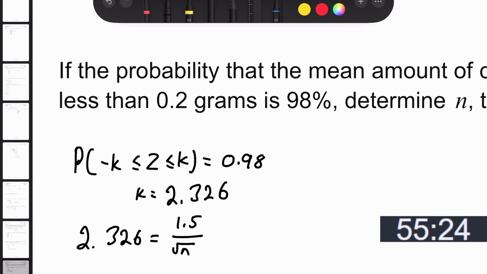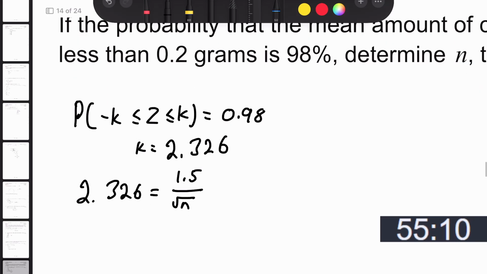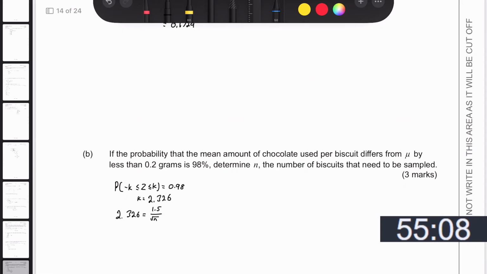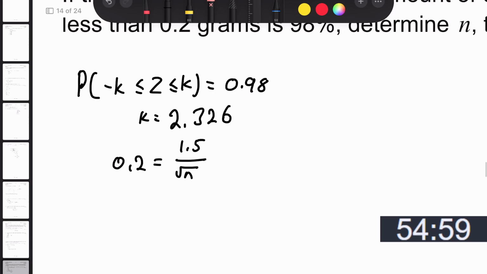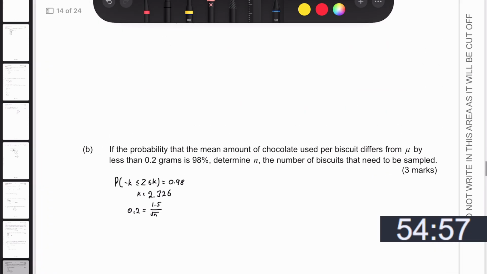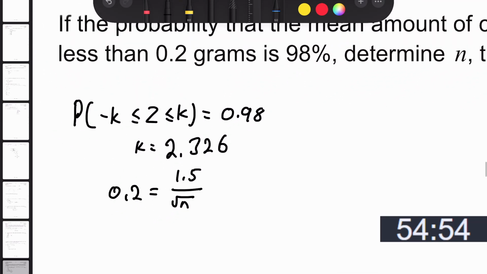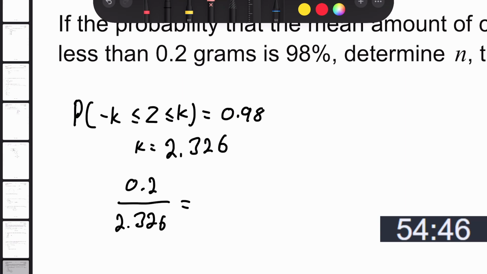So 0.2 grams is now how many standard deviations away. So 0.2 or 2.326. So the standard deviation.